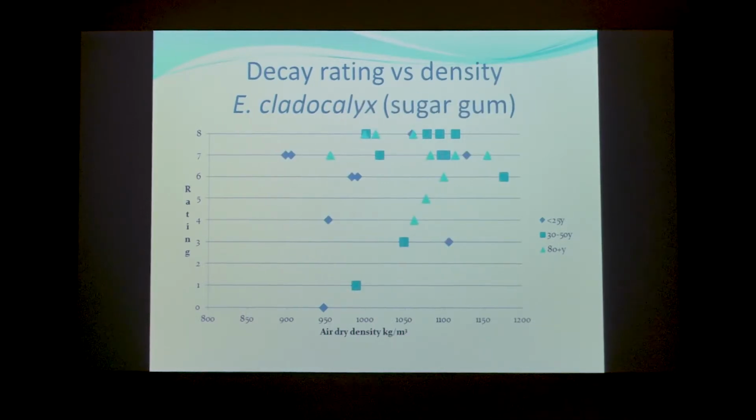Whereas when we came to sugar gum, there wasn't much difference really between no matter what the tree age was. We thought that the reason for these differences is the actual exact age of the young trees. So this next slide looks at that in a bit more detail.